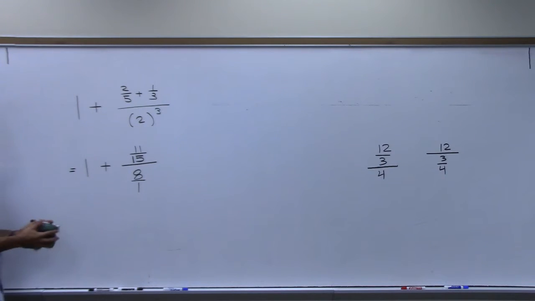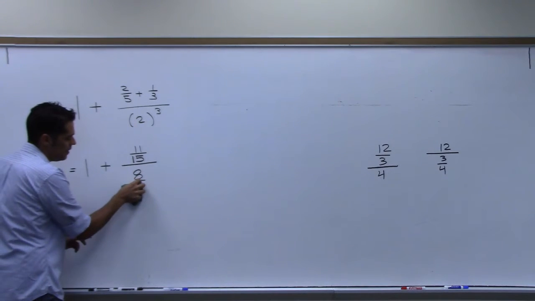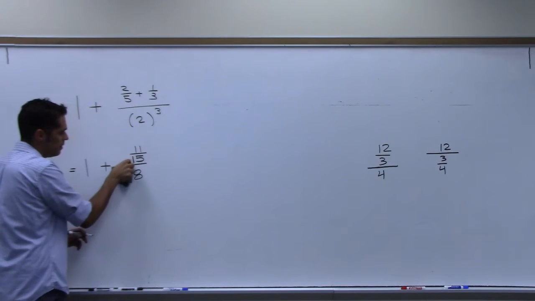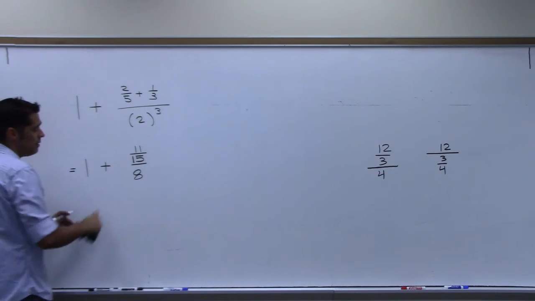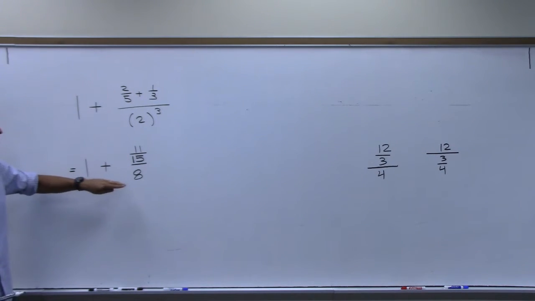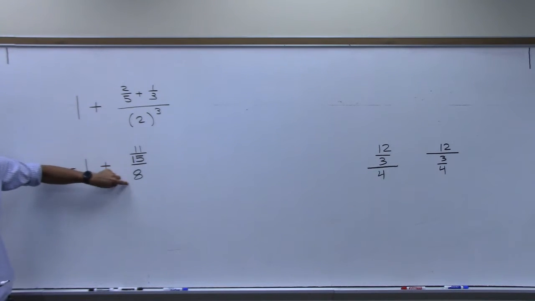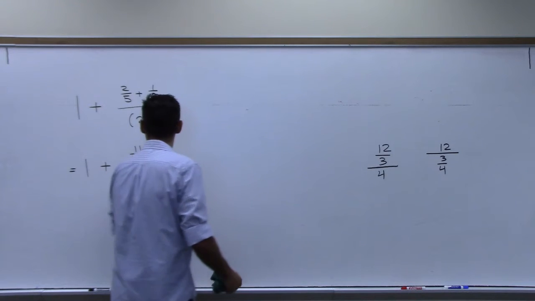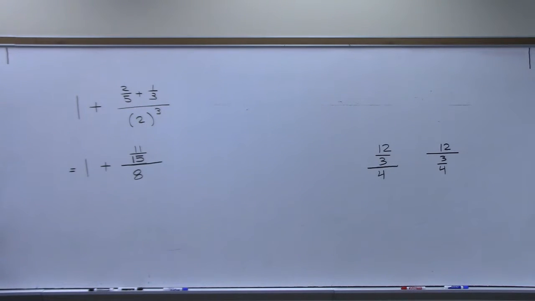If I didn't turn that into a fraction and you just wrote it this way, one person could say it's 11 over 15 divided by 8, and another could say it's 11 divided by 15 over 8. Two different ways of interpreting it, and that is not right. This bar right here is always the big one. Understand?